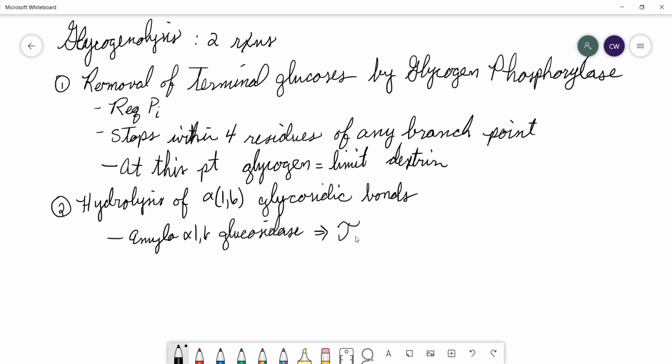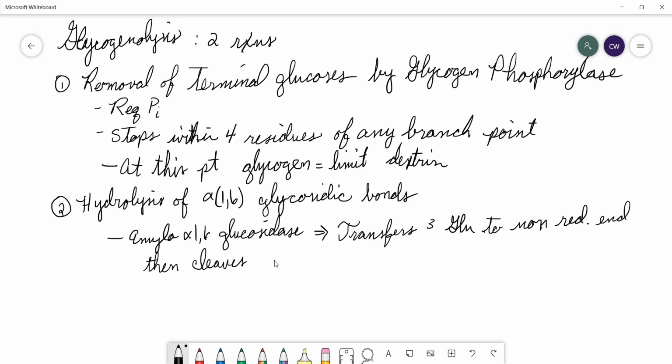And what it does is it transfers the ending 3 glucose molecules to the non-reducing end. So it transfers them to the main backbone of the glycogen, all right? And then it cleaves at the 1,6 branch point, all right? Giving us free glucose.